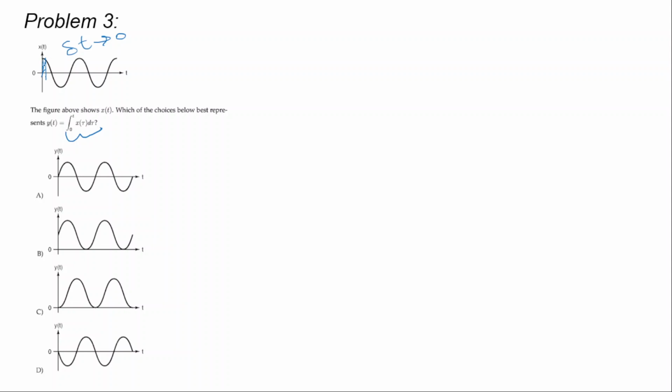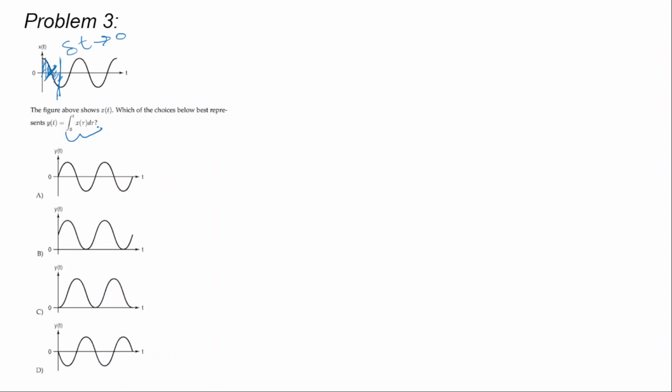As you move the limit forward from t, this area will keep increasing, and after this point the negative area will start adding, so the total area, positive plus negative, will start reducing, and at this point the total area will be 0.